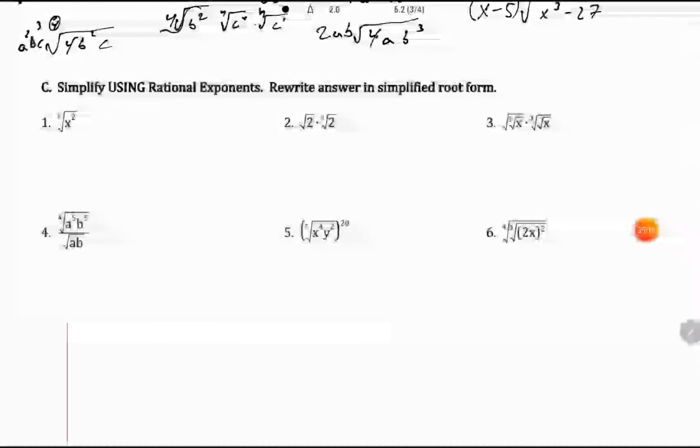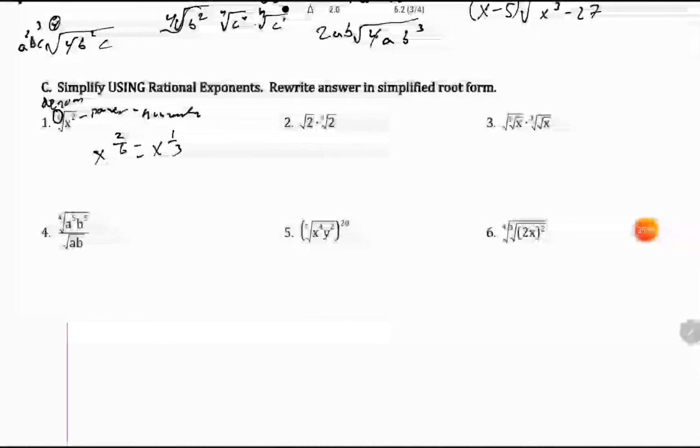So rewrite your answer in simplified root form. So rewrite whatever this is as an exponential fraction. So remember, that's my root, that's my denominator, and then this is my power, which is my numerator. So x to the 2 over 6, which is x to the 1/3, done.